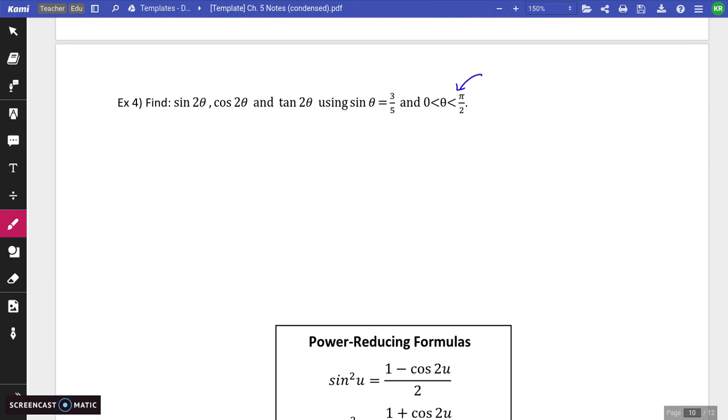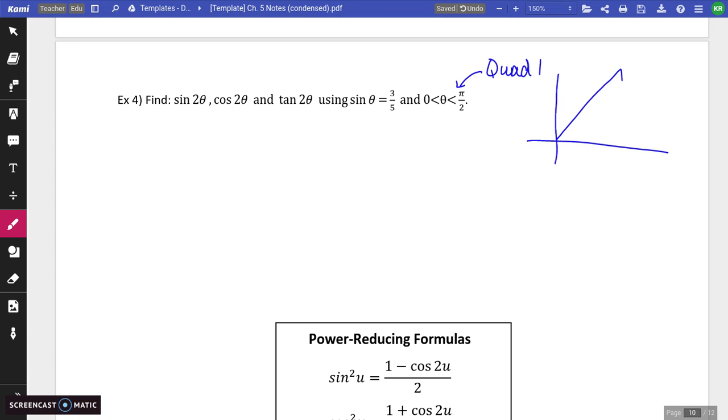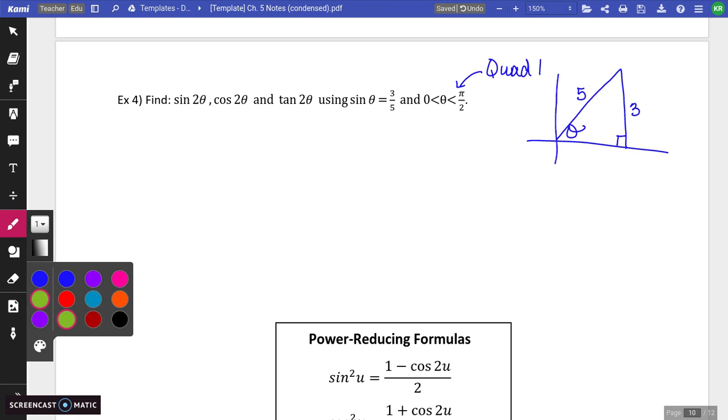So if your angle measure is between 0 and pi over 2, you have an angle in quadrant 1. So let's sketch out this angle. I'm in quadrant 1. Sine is 3/5, so 3 is the opposite, 5 is the hypotenuse. Pythagorean triple here, so the adjacent side is going to be 4.